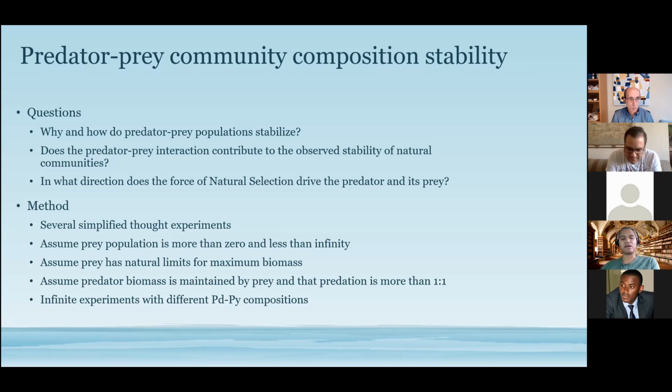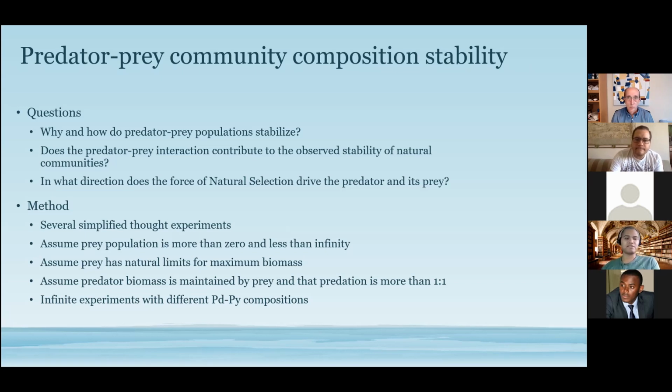Assume, obviously, that the prey population is more than zero, so that it's at a reproducible level and can actually sustain itself, but also less than infinity, because we have to assume that there are natural limits to maximum biomass. We also assume the predator biomass is maintained by the prey, and that predation is more than one-to-one, of course, because of trophic inefficiencies. The predator would have to eat more prey than itself to sustain itself.